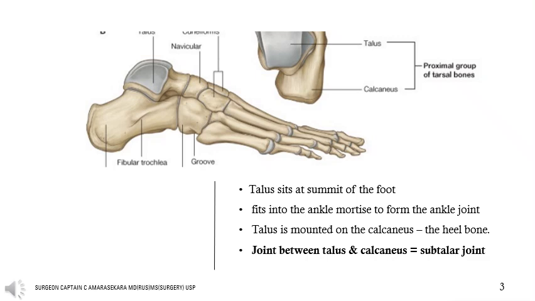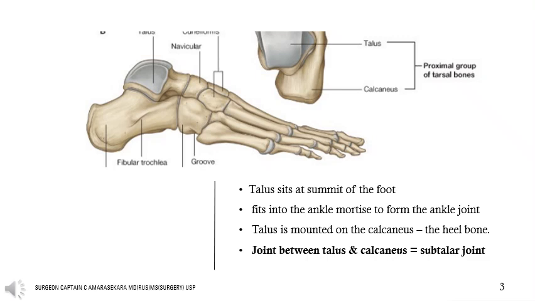Now, let's focus on the talus and calcaneus, the two functional bones of the hind foot. Their articulation forms the subtalar joint, which plays a key role in foot mobility and stability. Talus, we can consider it as the summit of the foot.